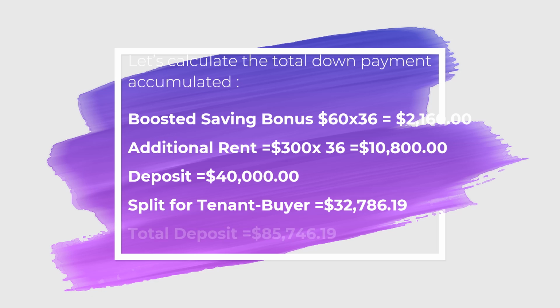So the total deposit accumulated will be $85,746.19. There's no other strategy which will give a credit of $85,000 to the tenant. So this is a fantastic way for them to save. This is a fantastic way for them to accumulate the deposit to purchase the property.